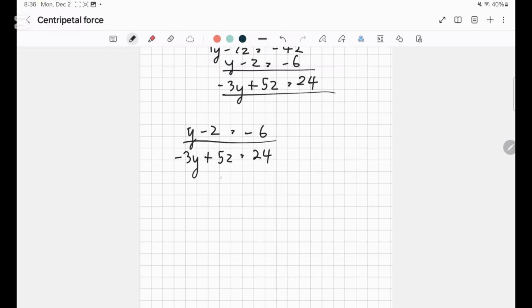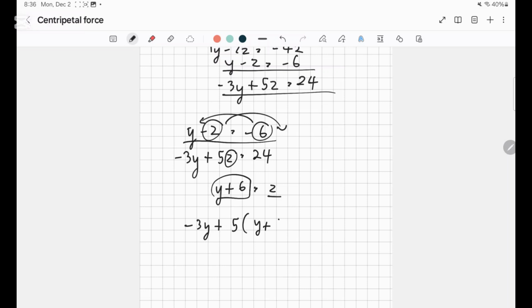We'll subject z. So I'm taking y plus 6 equals z. I took z onto this side, 6 onto the other side. So now we substitute y plus 6 instead of z. So minus 3y plus 5 times y plus 6 equals 24.